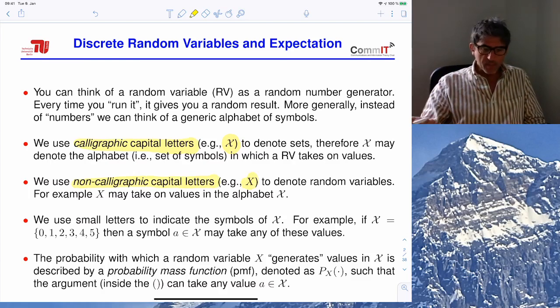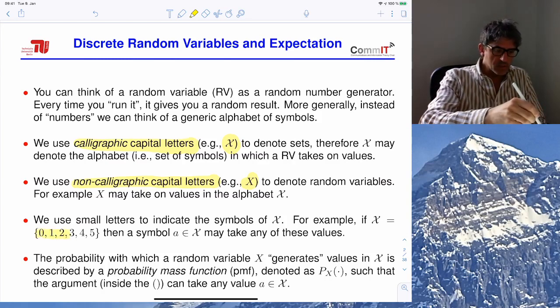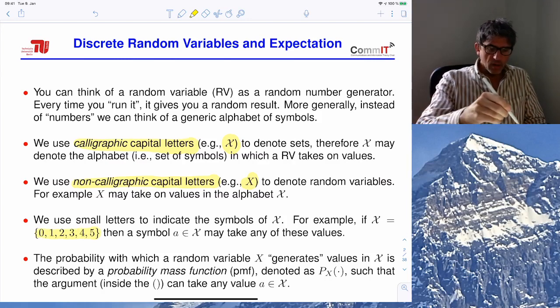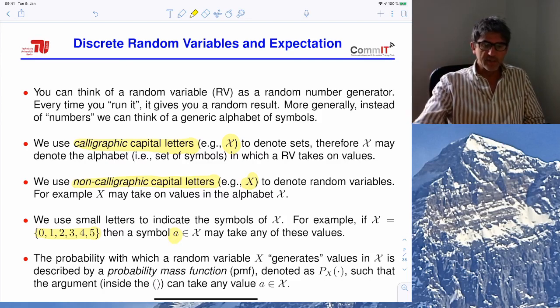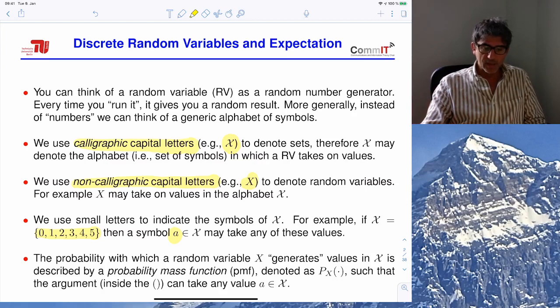And to make an example, suppose that we have an alphabet that contains the numbers 0, 1, 2, 3, 4, 5. Then a particular value of the random variable, so a particular symbol that the random variable can generate, is any of these symbols. So in this case, it will be one of these 6 numbers. I call it a belonging to X calligraphic.